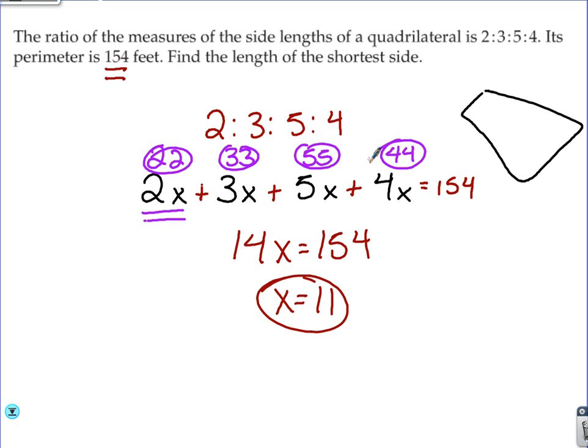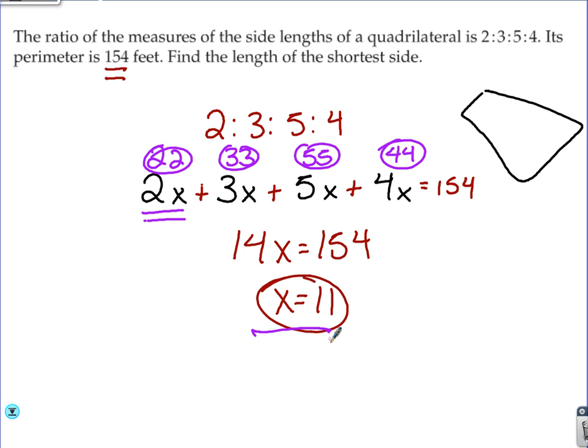Now let's check it. And you don't have to check all these, but I want to show you how you could check it. Number 1, it said that my side lengths are in ratio of 2 to 3 to 5 to 4. If you took these 4 side lengths and reduced that ratio, how would you reduce it? What would you divide by? Think about it. How about 11?